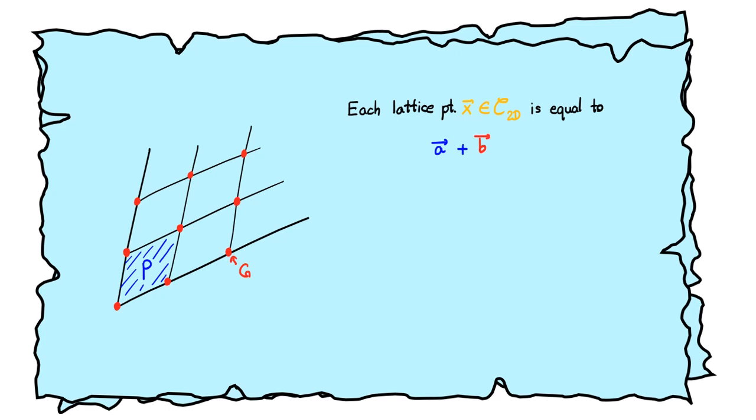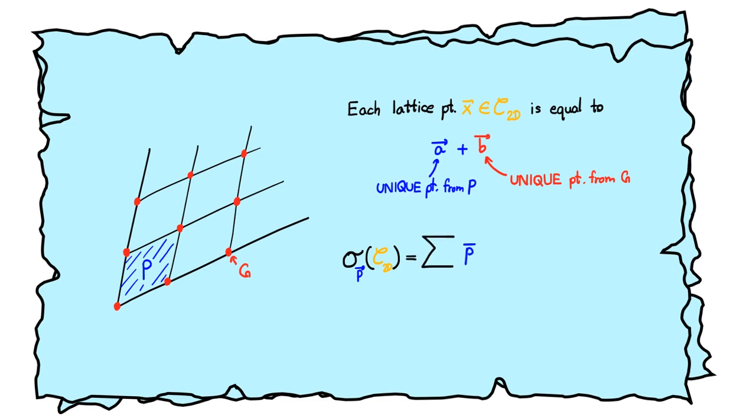Since we can tile our cone by putting the base of the parallelograms P at each point of G, every point in our cone is the sum of a unique point from P and a unique point from G. Therefore, sigma of our cone is the sum of all P to the power of vector A plus vector B, where vector A is from the parallelogram and vector B is from the grid.